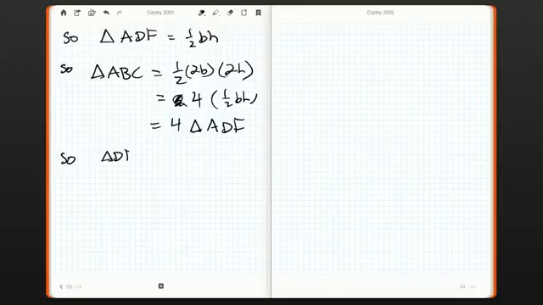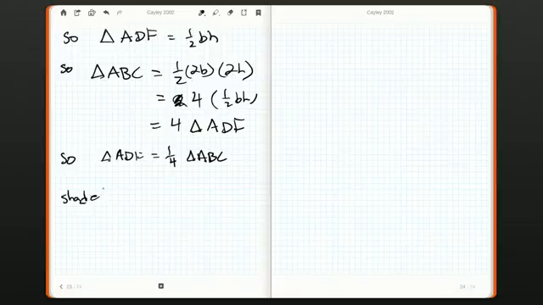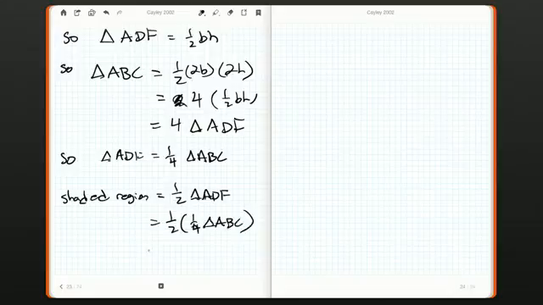If we rearrange that, we see that triangle ADF is 1/4 of triangle ABC. And now we can put it all together. The shaded region is 1/2 of triangle ADF, which is 1/2 of 1/4 of triangle ABC, which is 1/8 of our triangle.